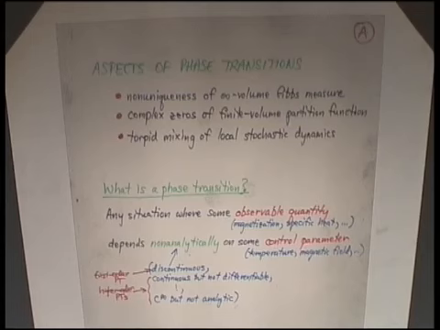But you see that the concept of phase transition somehow includes three heuristically related things: non-uniqueness of the infinite volume Gibbs measure, complex zeros of the finite volume partition function converging to the real axis, and torpid mixing of local stochastic dynamics.